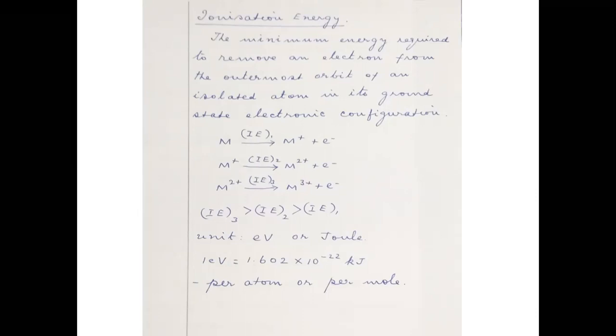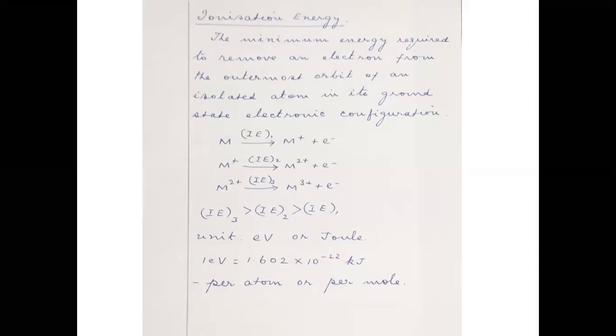If the atom is found together along with other atoms, the electrons are subjected to the attractive force of other nuclei also. In such a situation, the outermost electron will be attracted by several nuclei. Therefore, your energy spent to remove the electron may not be accurate. Therefore, it should be done with the isolated atom.